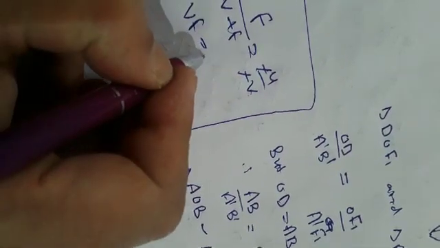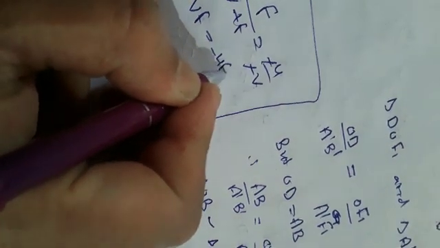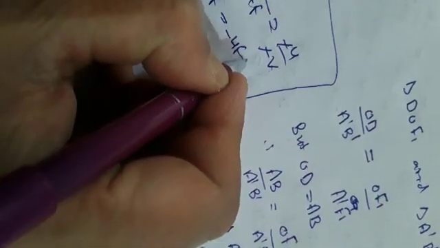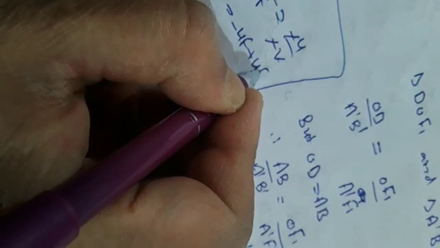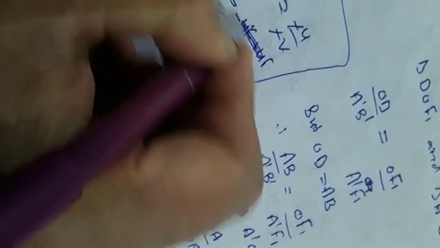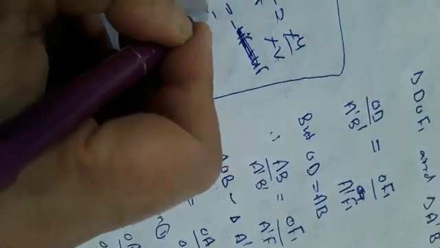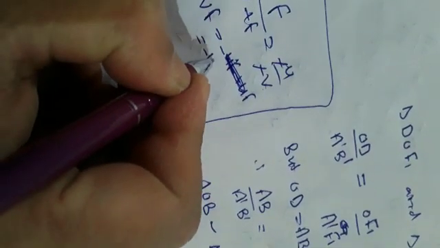This gives VF is equal to minus UF plus UV, so UV is equal to UF minus VF.